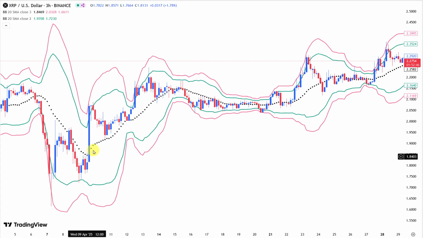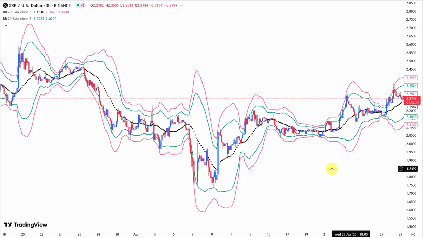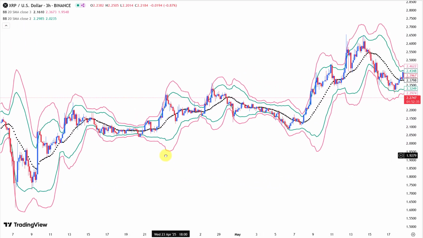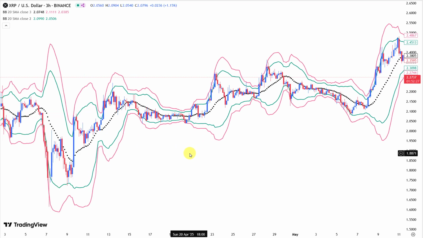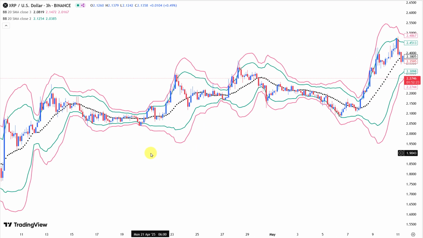And as the price starts moving away, you can see that this is starting to slope up now. Now the momentum has clearly reversed and is moving in the opposite direction. I won't get into targets in this particular video. I'll leave that for another one.